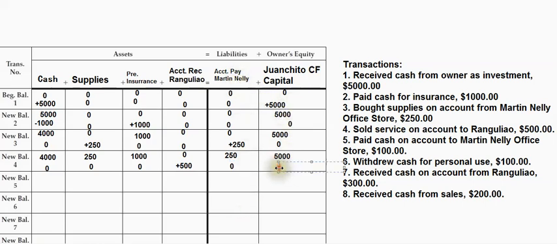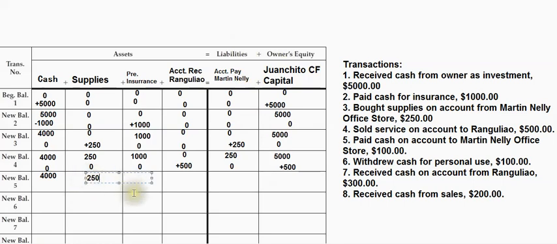And here I do have to add, because when I sell something, my owner's equity increases. I put 500 here. So whenever a sale is made, I increase my capital.